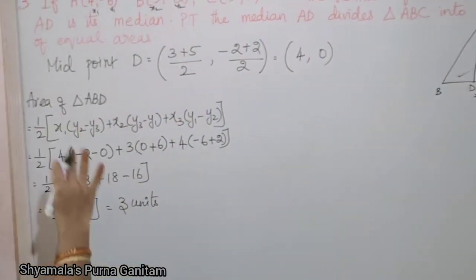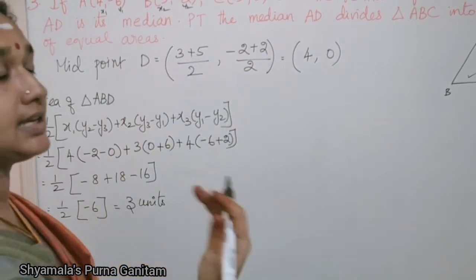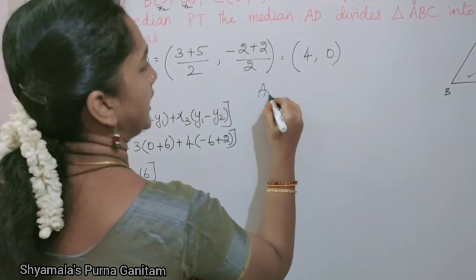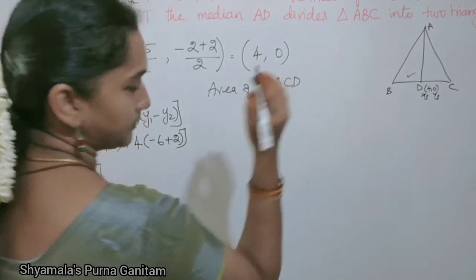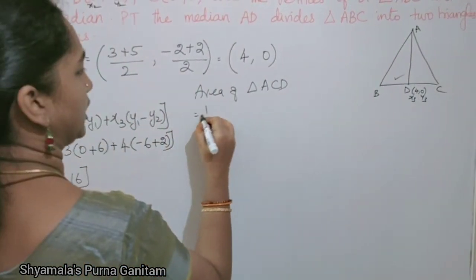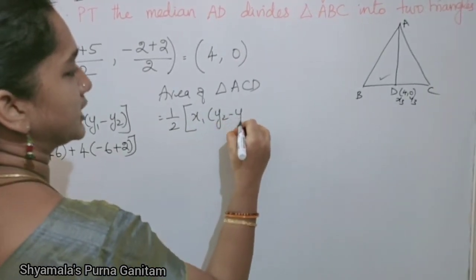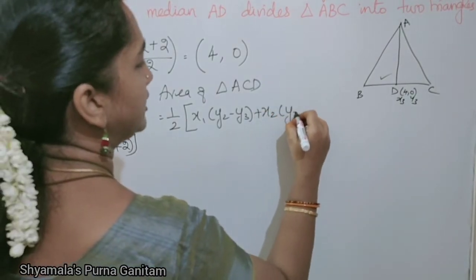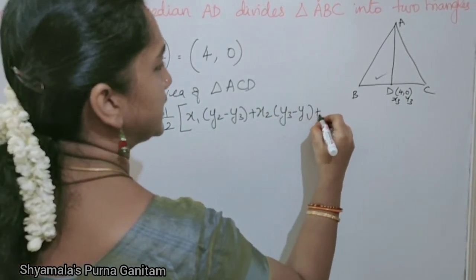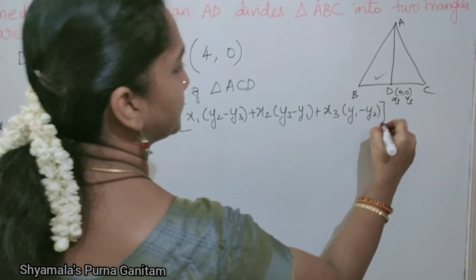Now we are asked to find the area of triangle ACD. Same formula only: 1 by 2 into x1 into (y2 minus y3) plus x2 into (y3 minus y1) plus x3 into (y1 minus y2).